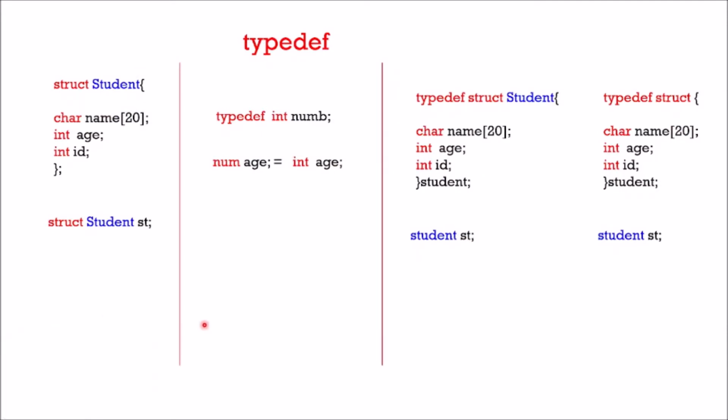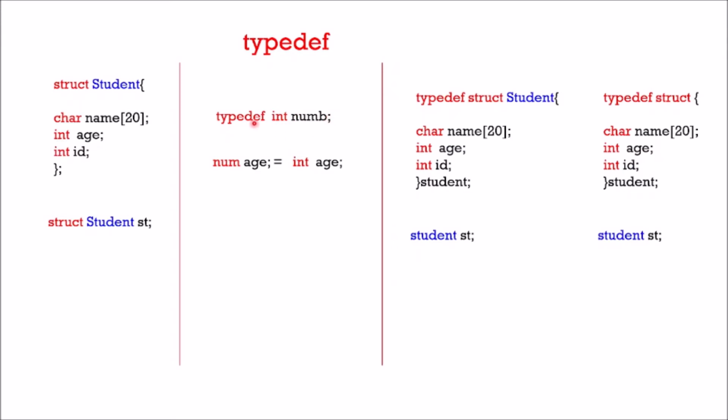Okay, now let's review a facility of the C language to replace the names of primitive data types with user-defined aliases. And this is done by using the typedef keyword. So here is a simple example. Here we use typedef int, and then num, and we finish with a semicolon.